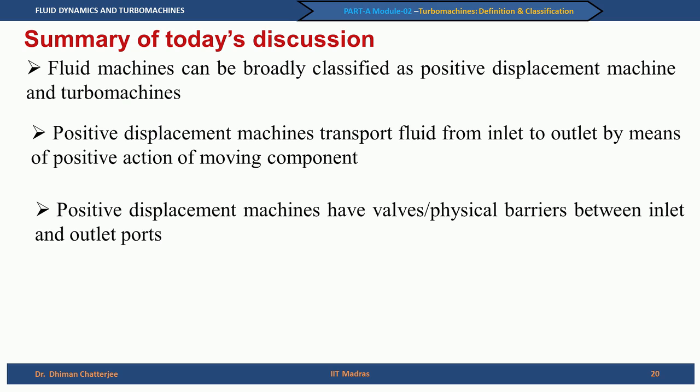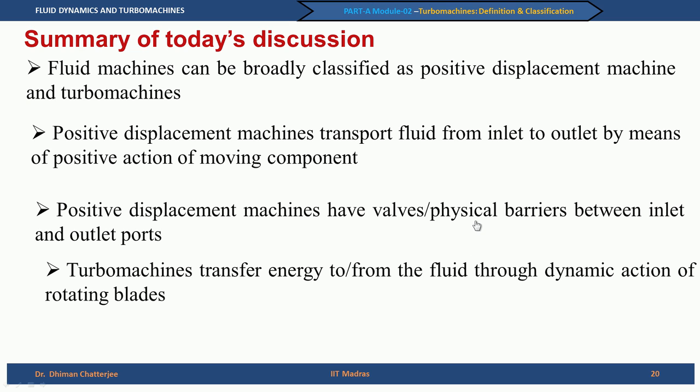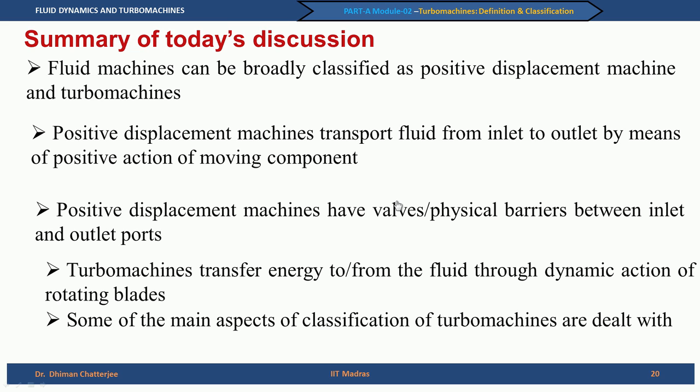Positive displacement machines have valves or some kind of physical barriers, as we saw in case of gear pumps, between inlet and outlet ports, and turbo machines transfer energy to and from the fluid through dynamic action of rotating blades, and some of the main aspects of classification of turbo machines are dealt with.